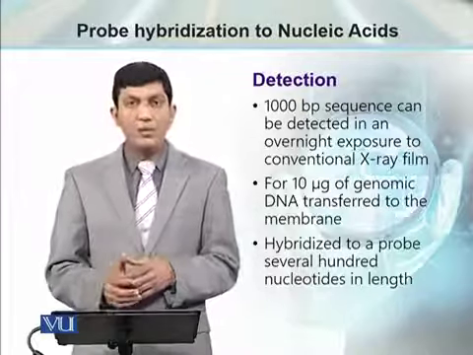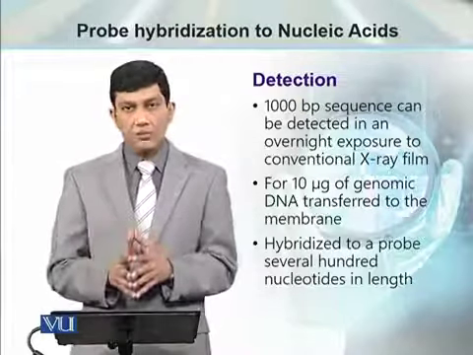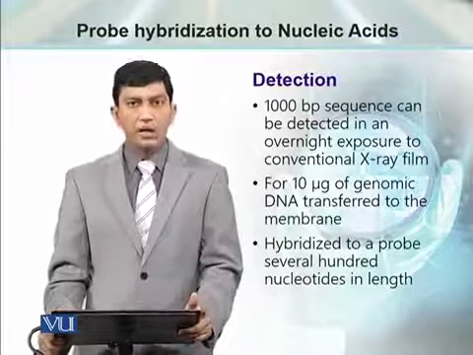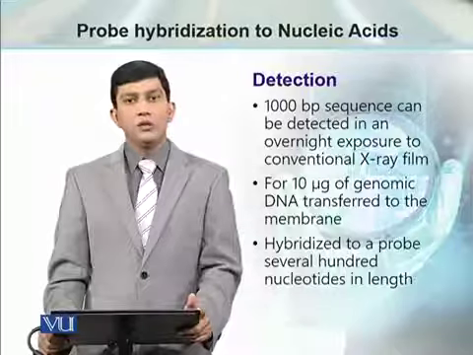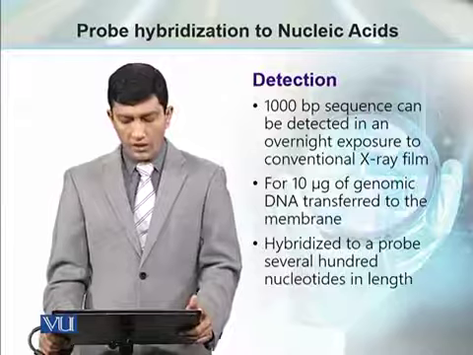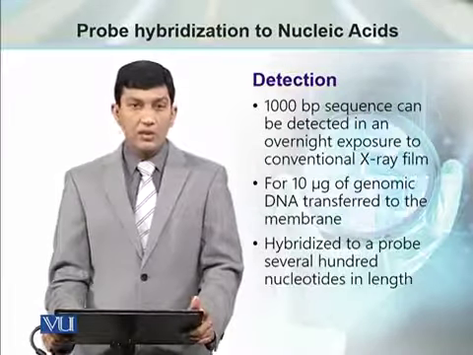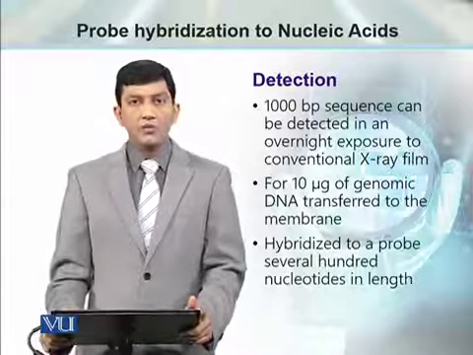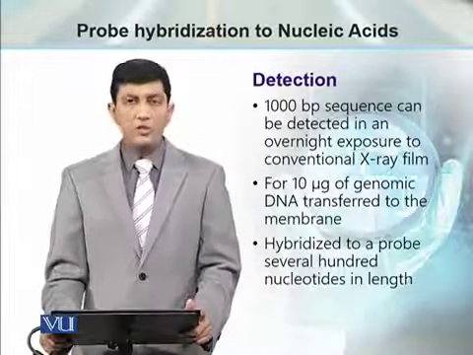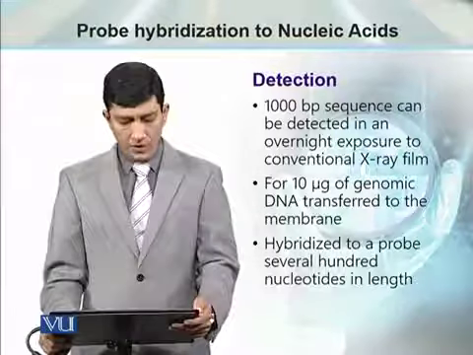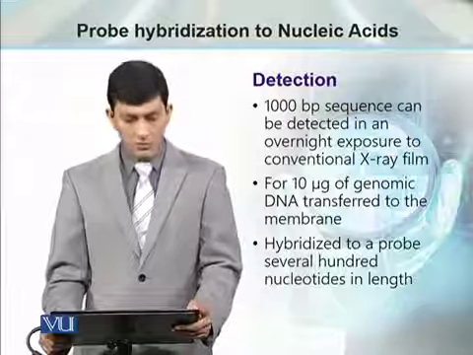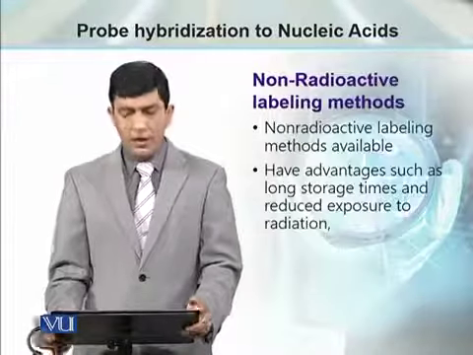It depends upon the size of the fragment. अगर हम 1000 base pair के DNA को expose कर रहे हैं, the X-ray film should be exposed to the probe hybridized sample overnight at minus 70 degrees centigrade. In that case, we should assume that we have used 10 microgram of the genomic DNA which is transferred to the membrane and is hybridized to the probe which is around 1000 nucleotides long.